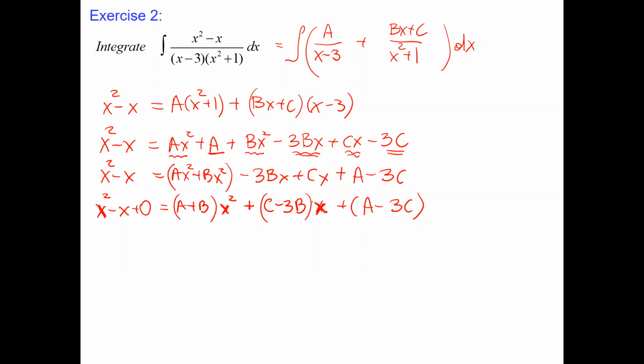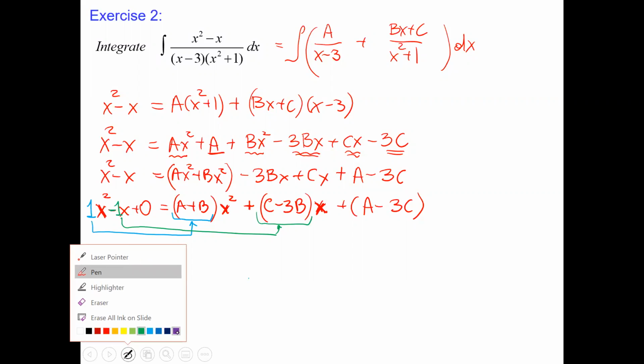Even if this looks longer, sometimes it's extremely helpful. We have 1x squared, that means A plus B must be equal to 1, because that's the coefficient of x squared, and polynomials are the same. Negative 1 will be the same as this coefficient, that means C minus 3B equals -1.